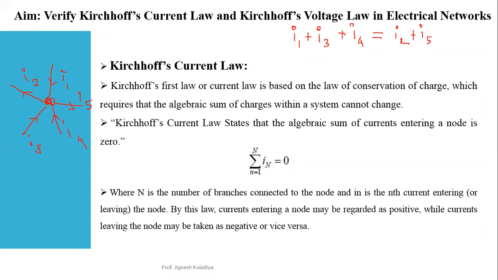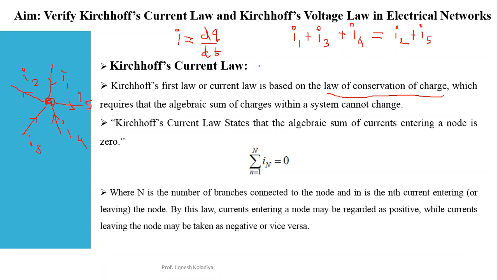But I want to tell you about this law of conservation of charge. Normally the current can be given as the rate of change of charge: I is equal to dq by dt. Can we write like this? Yes, obviously.